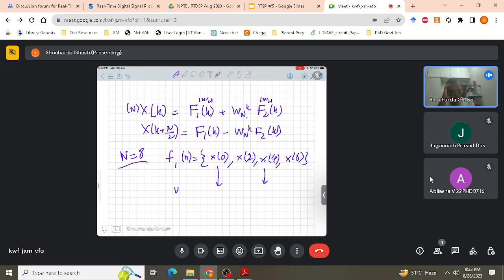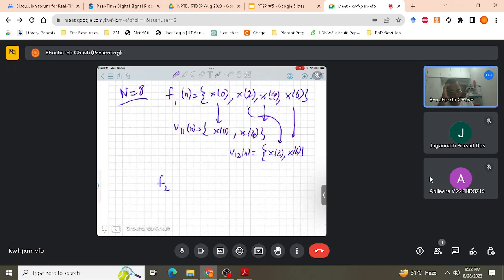These will go to V11 of n, x of 0 and x of 4, and these will go to V12 of n, which will be x of 2 and x of 6. Similarly, F2 of n, we shall have x1, x3, x5 and x7.